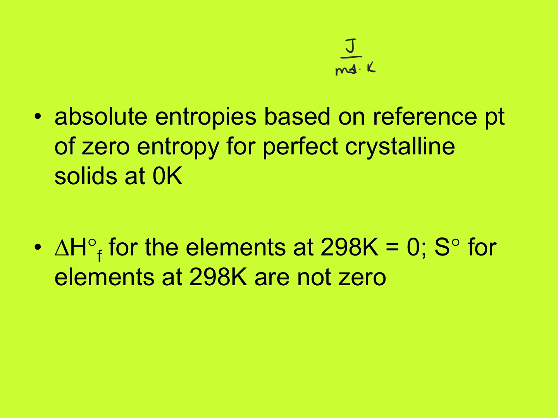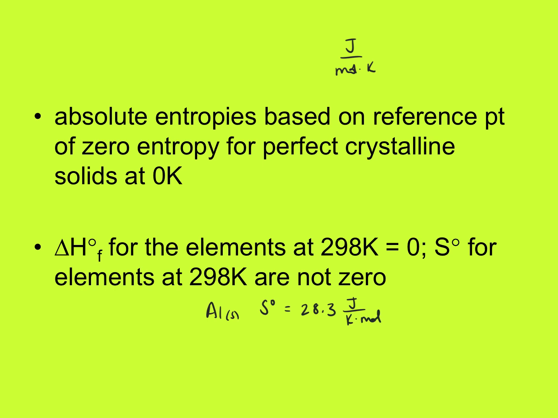Okay, so if you look, for example, in the table, you will see that aluminum solid has an S°. The degree symbol refers to 298 Kelvin, that temperature, and the value of S° for that one would be 28.3 joules per Kelvin dash mole.